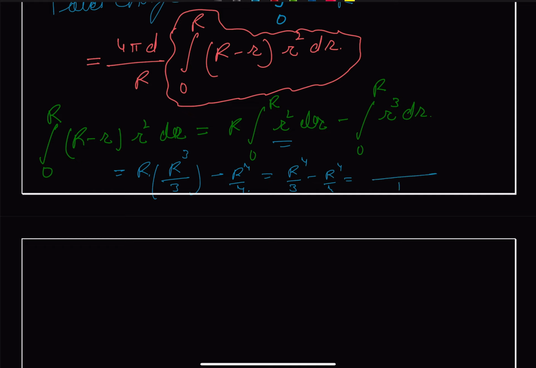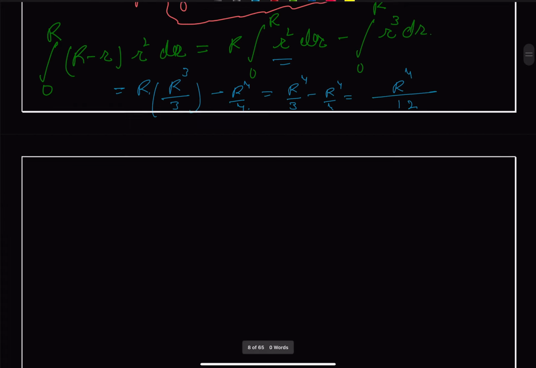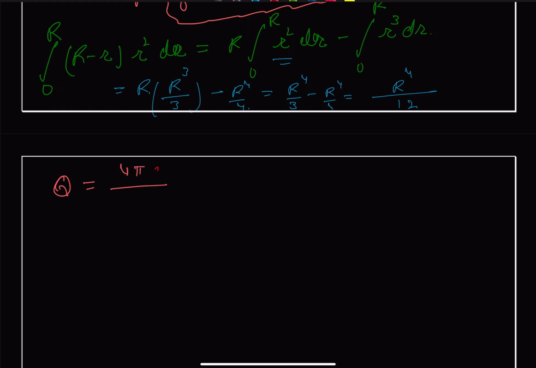LCM we can take as 12, so this comes as 4 minus 3, that is R4 by 12. Therefore we can write that our total charge Q will be equal to 4 pi d times R4 divided by 12.